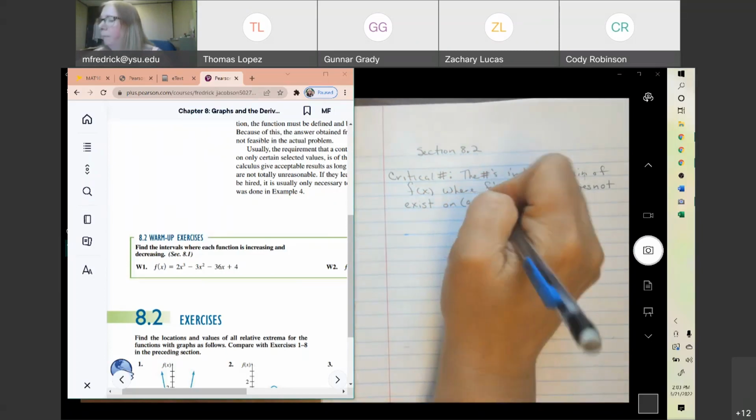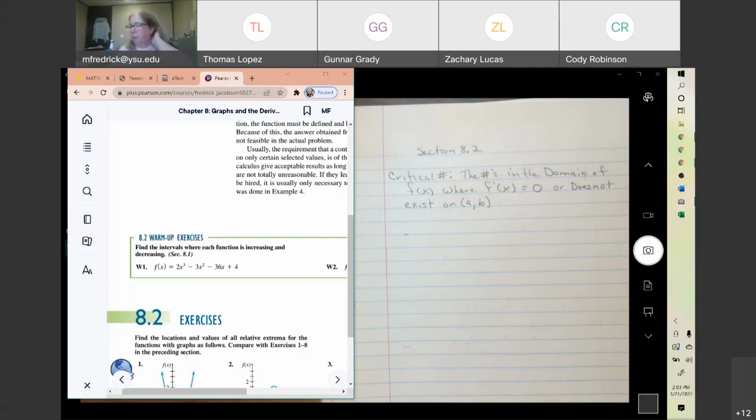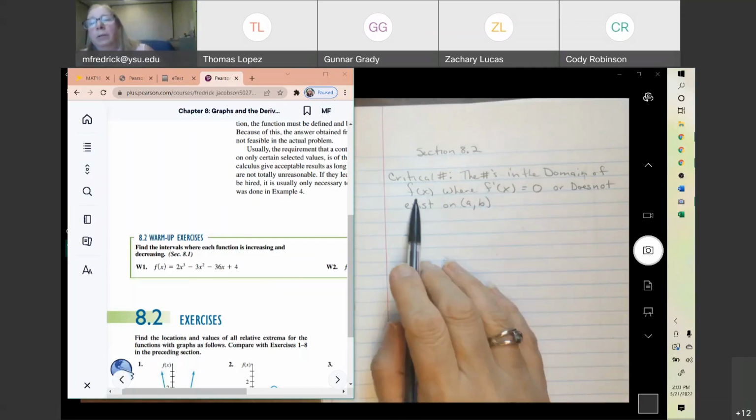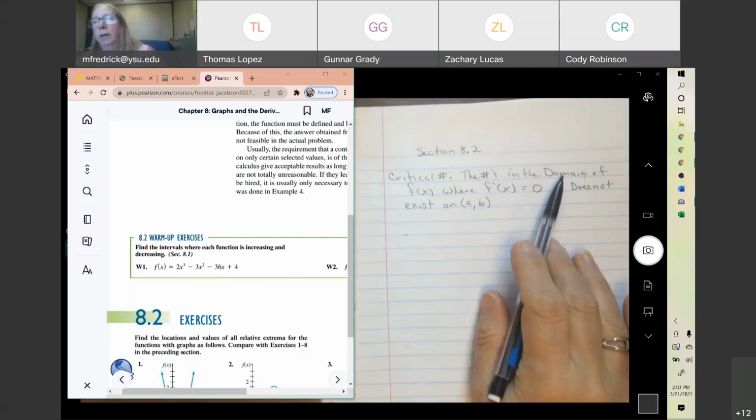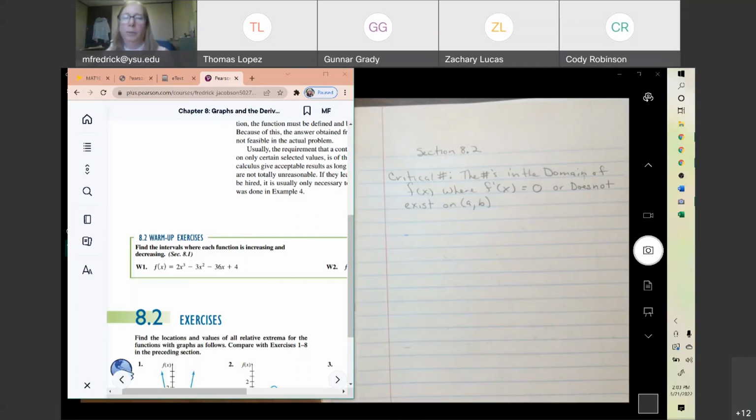On the interval, if there was a domain given, like just A and B, then you only take the critical values in that interval. On ones where it's just all real numbers, then it would be all of them.